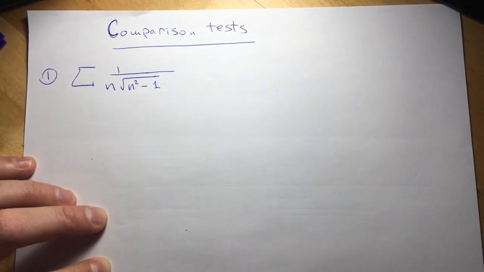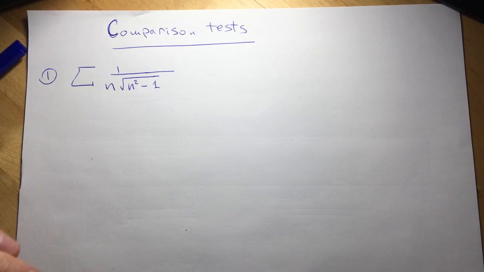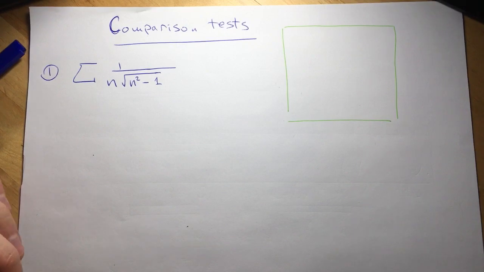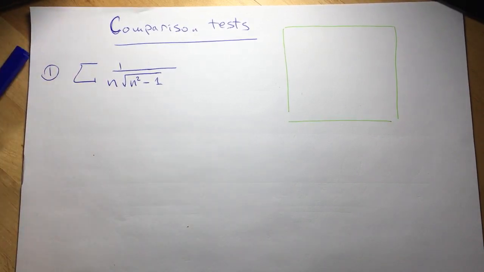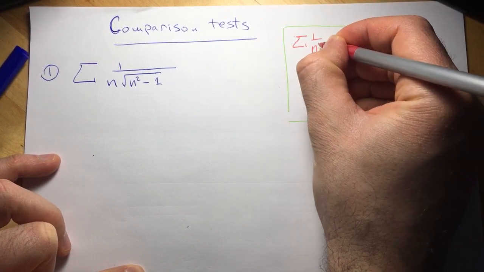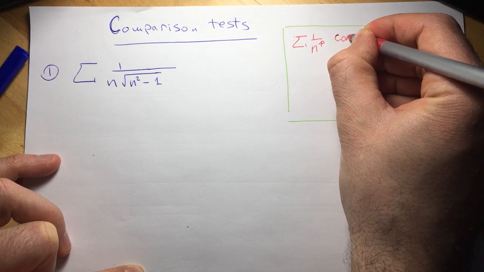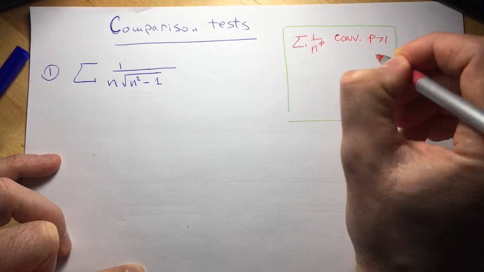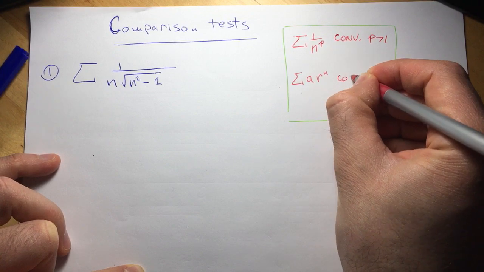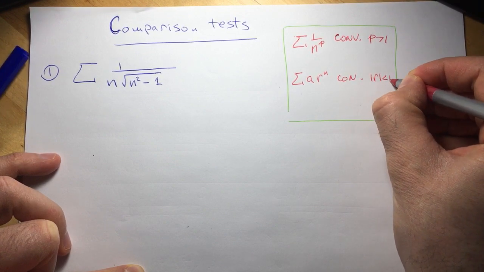Right away, when you're doing the comparison test, always have in mind your toolbox, what are we going to operate with. Have in mind these two series: the p-series, the sum of 1 over n to the power of p, which is convergent when p is greater than 1, and the geometric series, a times r to the power n, which is convergent when the absolute value of the ratio is less than 1.